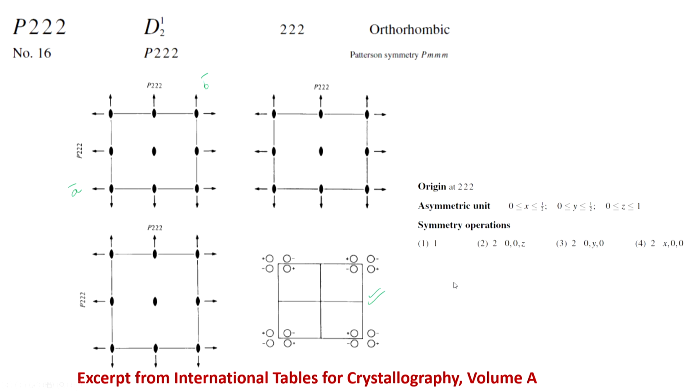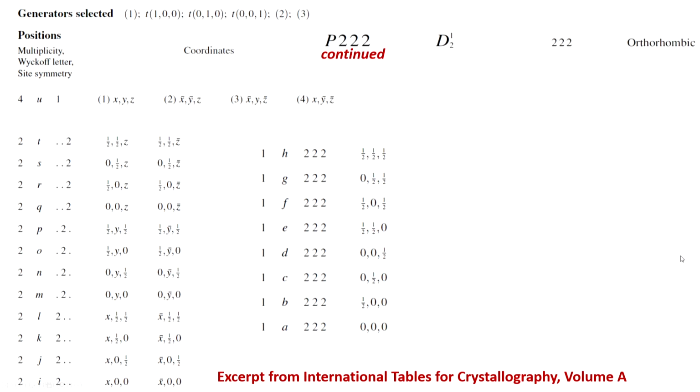We have the asymmetric unit, which is this one, the symmetry operations, and we have a very large Wyckoff table now, where there is a large number of special positions. So, these are all special positions.